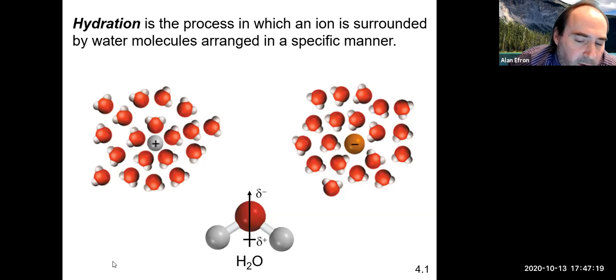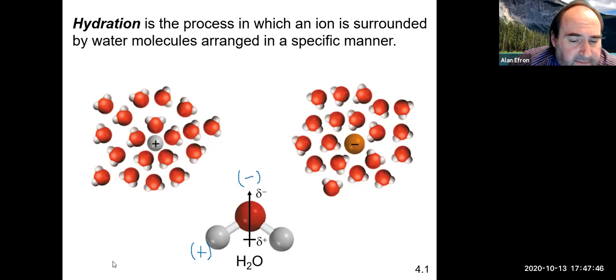Because water is polar, there's a negative side and a positive side, the positive side being the hydrogen and the negative side being the oxygen. The positive ions that go into solution get surrounded by the negative side of oxygen, while the negative ions get surrounded by the hydrogen side, which is the positive side of water.